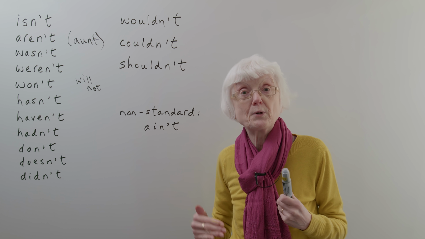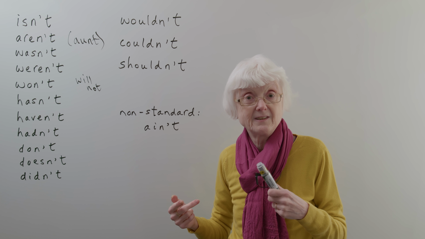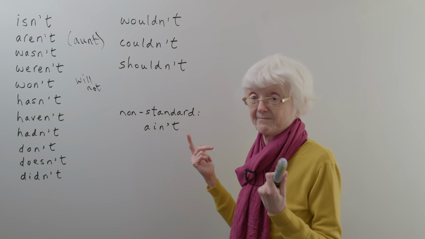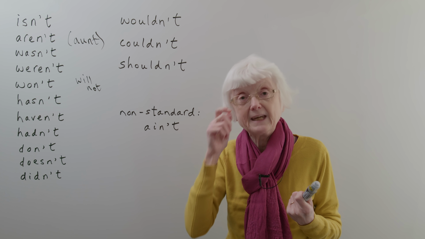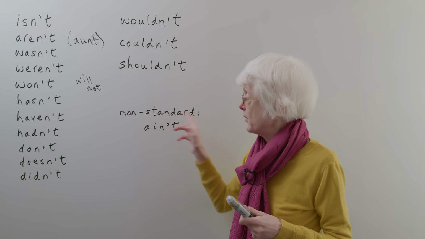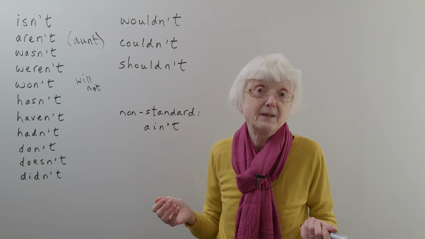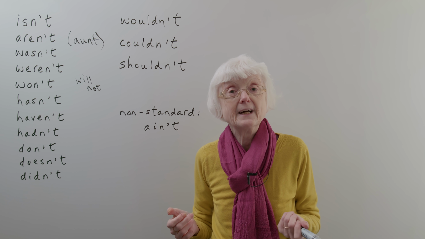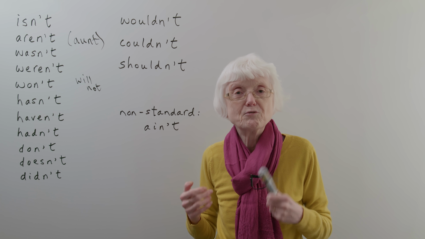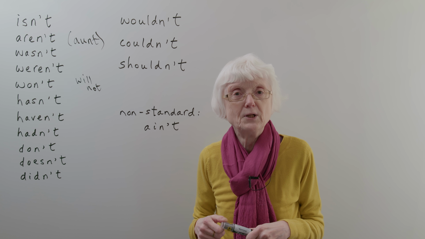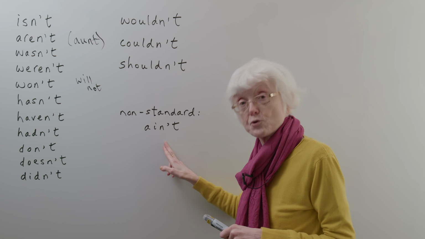It works with all the pronouns, meaning is not, are not, the verb to be. You may hear people using it, but it's a non-standard form. So I wouldn't use it if you're at an interview, for example, or in a meeting with clients, that sort of thing. It wouldn't be quite right. It's a bit too informal. But it's there for you to know about because it's yet another contraction.